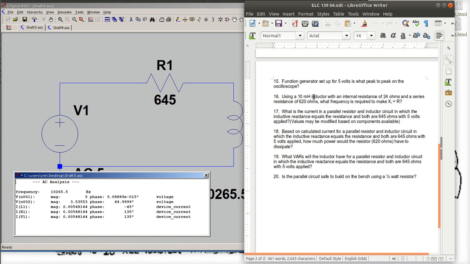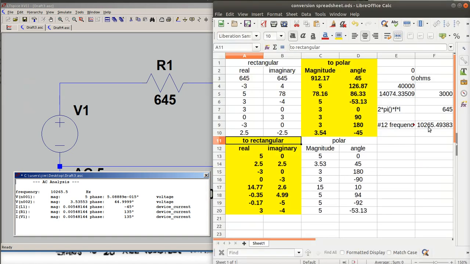In the real world, inductors have internal resistance. We ignored it in our first calculation, but I did take that 24 and I added it to the 620. So I had 645 ohms. That's where 645 came from. And that is what we calculated for the frequency in number 12. There's that frequency, the number 12 frequency.